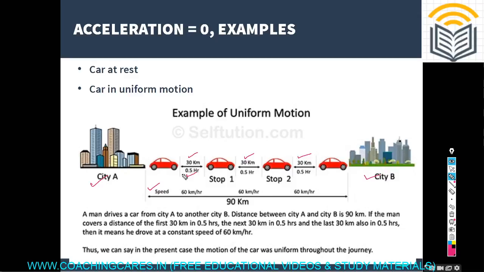So this car is moving with uniform motion. Why? Because uniform motion means it covers equal distances, 30 kilometers in each equal interval of time, or 60 kilometers in 1 hour. The car covers equal distance in equal intervals of time, which is 0.5 hours. That is why the car is in uniform motion.